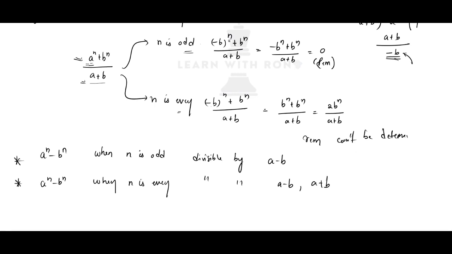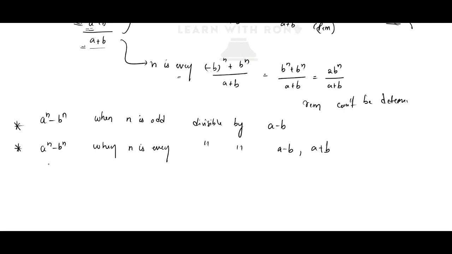I'll show, don't worry. In the first case, I take a power of n minus b power of n divided by a minus b. Same: when a is divided by a minus b, I get remainder b, right? Or else I'll show that also. See, a minus b, I divide a, a minus b once, and I get remainder b, right?